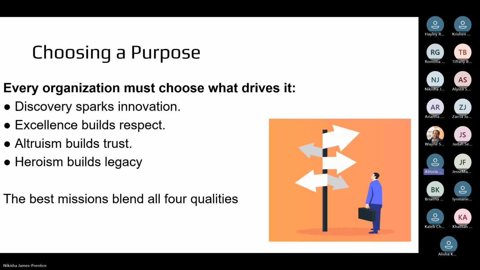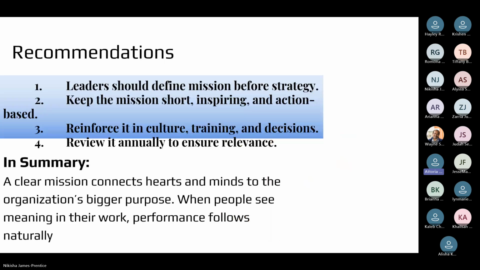Finally, we continue with our fourth objective, connecting mission to the next step, strategy. For leaders, creating a mission statement is the first step, not the last. Here are some essential suggestions for creating and carrying out a compelling mission that directly establishes an effective plan.